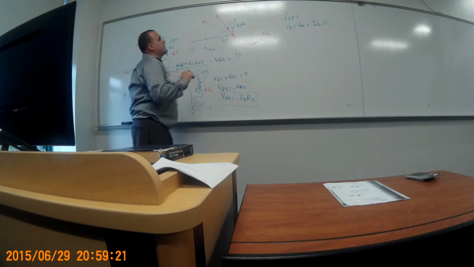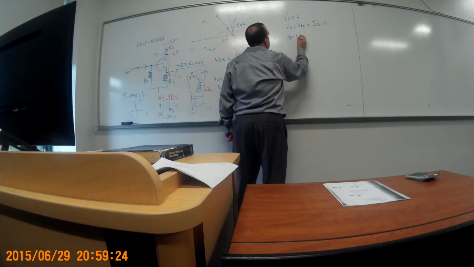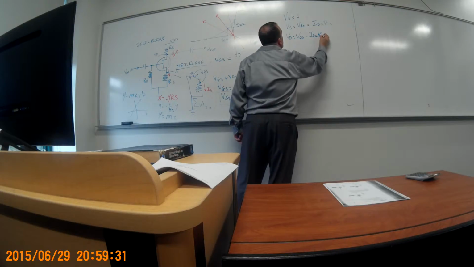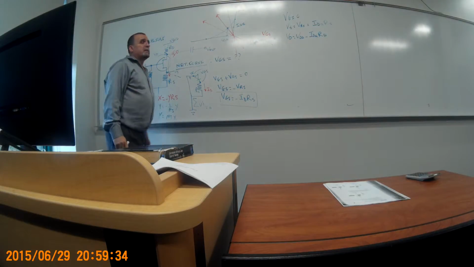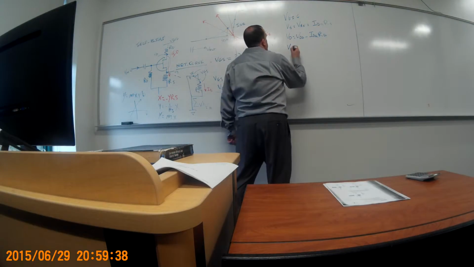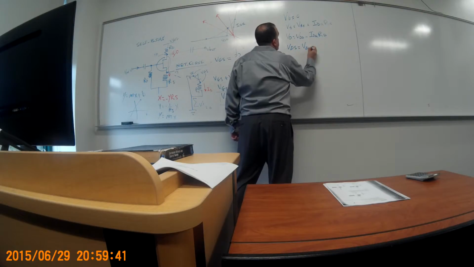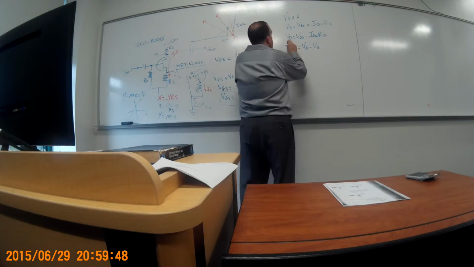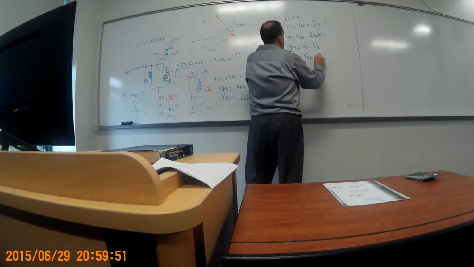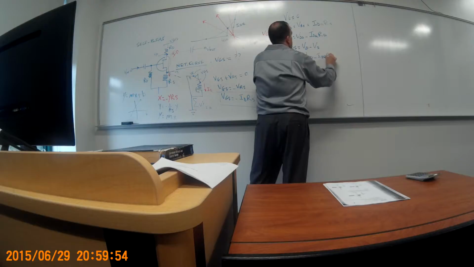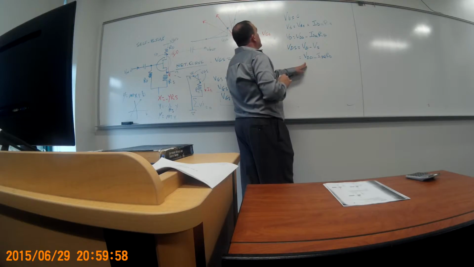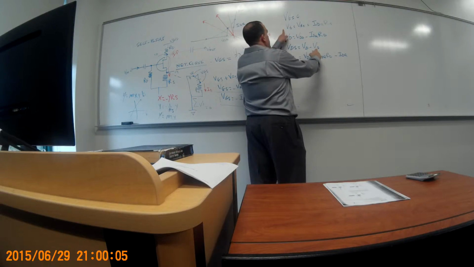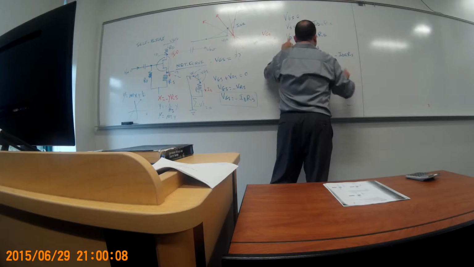is VDD minus VRD, so VD equals VDD minus IDQ RD. That leaves us with VDS, which is VD minus VS. Well, VD I have VDD minus IDQ RD, minus VS, and VS is IDQ RS.